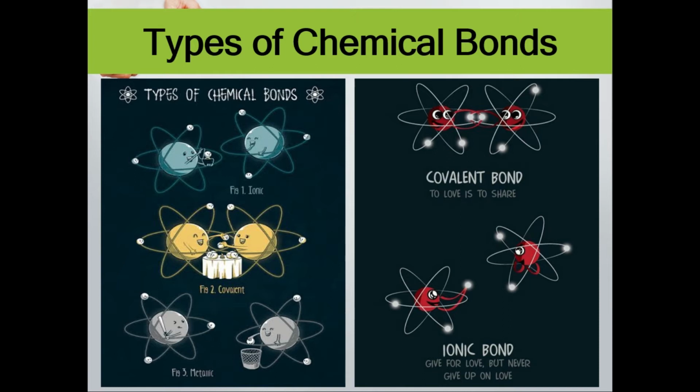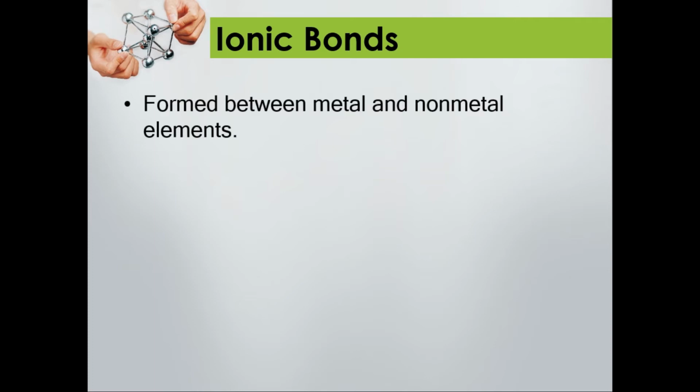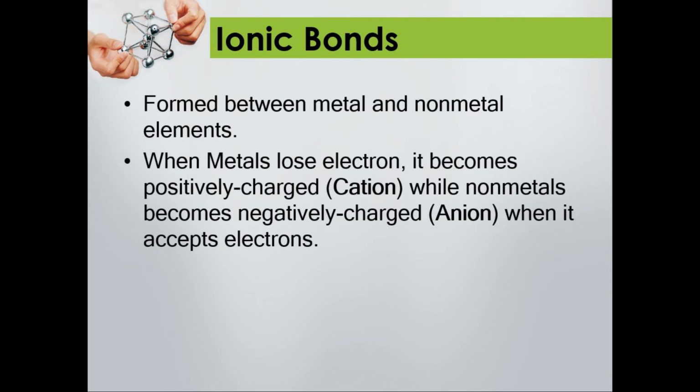There are different types of chemical bonds. We have the ionic bond, covalent bond, and the metallic bond. But for this lesson, we're going to focus more on these two, covalent bond and ionic bond. Ionic bonds form between metals and nonmetals. When metals lose electrons, they become positively charged, while nonmetals become negatively charged when they accept electrons.